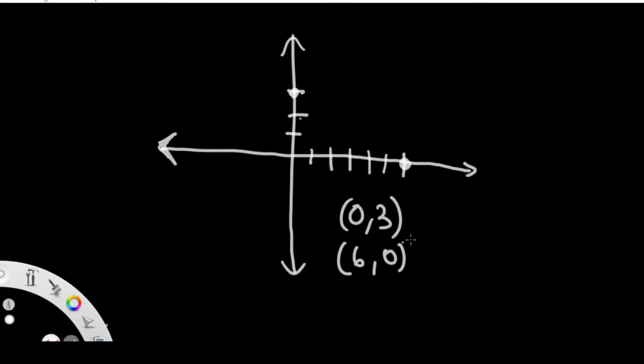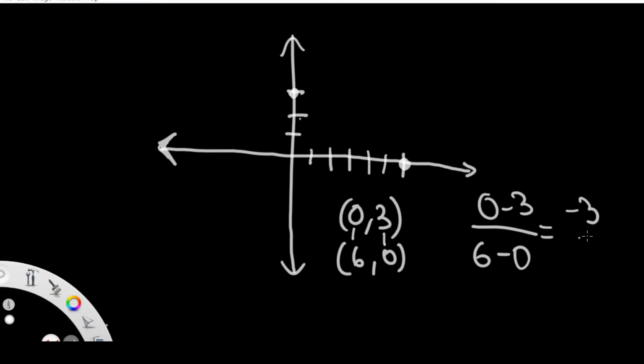Now all we need to do is 0 minus 3 over 6 minus 0, for which we would get negative 3 over 6. When simplified, the slope would be negative 1 by 2.